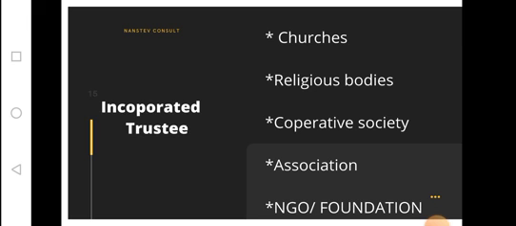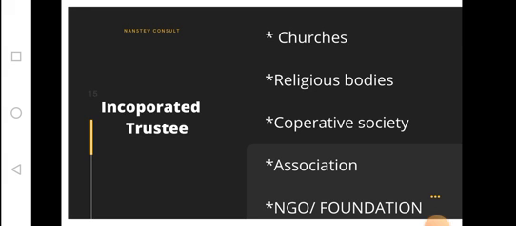Then we have the third category, which is incorporated trustees. This falls under churches, religious bodies, corporate society, association, NGO and foundation. Any association, any group registration falls under incorporated trustees.